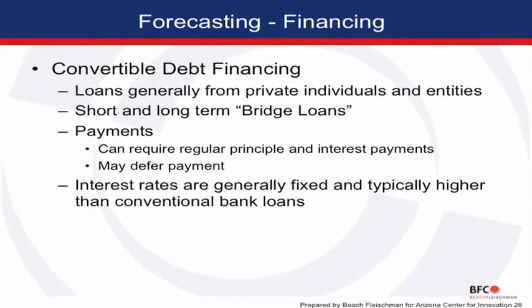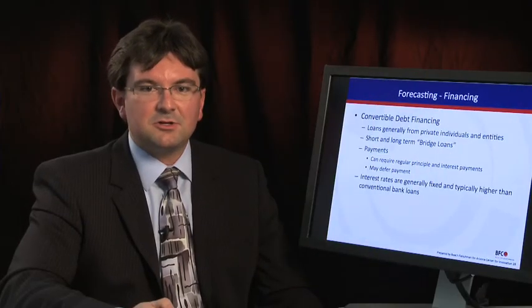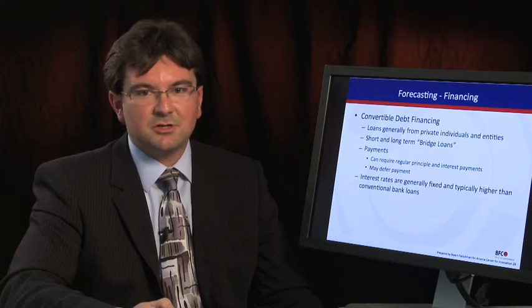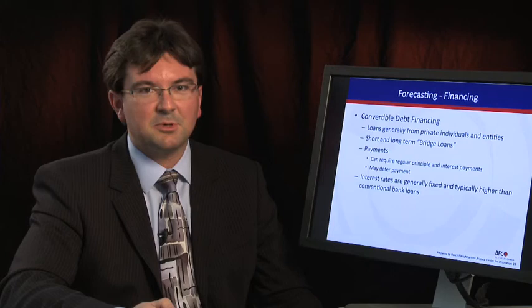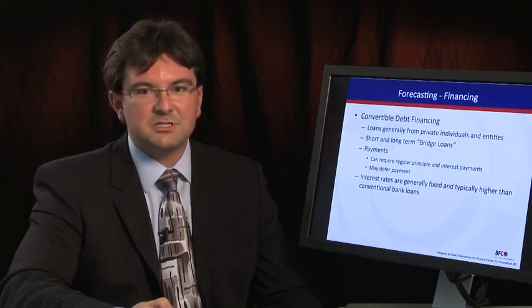The next type of debt financing that I like to talk about is convertible debt financing. This is typically done with private individuals rather than banking institutions. They're, generally speaking, short-term loans, sometimes referred to as bridge loans, while they also can be a little bit longer term. But these bridge loans generally will require principal and interest payments.